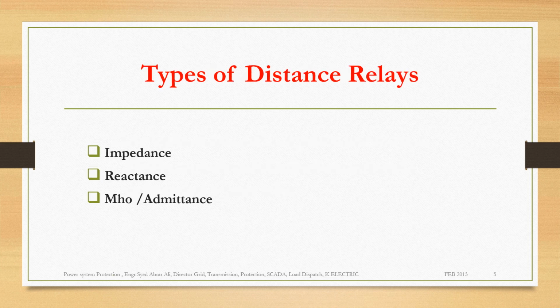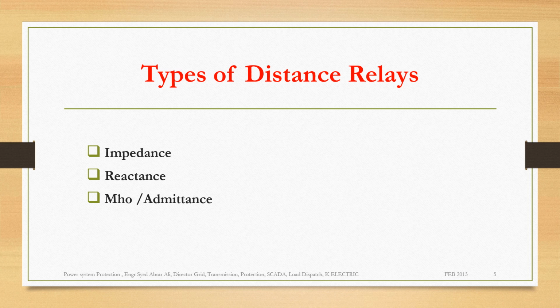Now these are three types. Already I told you: the impedance, reactance, and the admittance. The unit of admittance is mho, and this name is always mho. But in the history series of my lectures, I have told you that the unit of admittance has been changed to the Siemens.